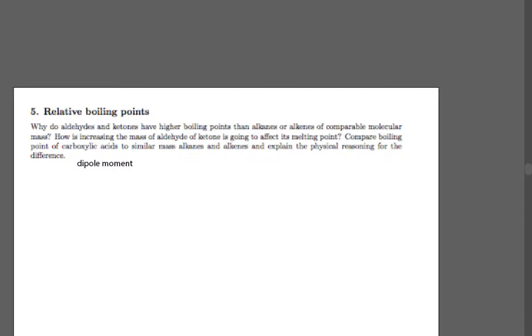So yeah, I guess that's that. How is increasing the mass of aldehyde or ketone going to affect its melting point? Well, because of one thing, obviously, and that's from the London stuff.